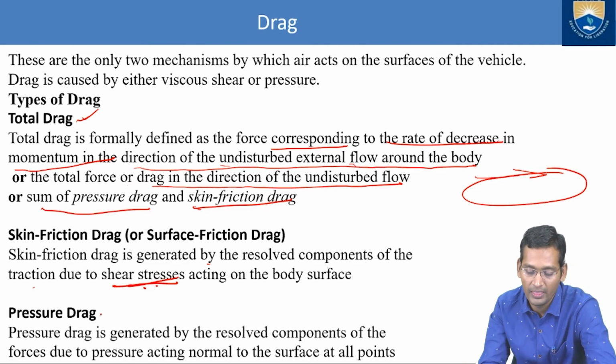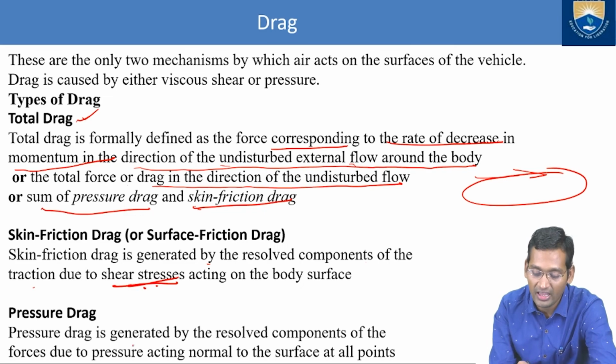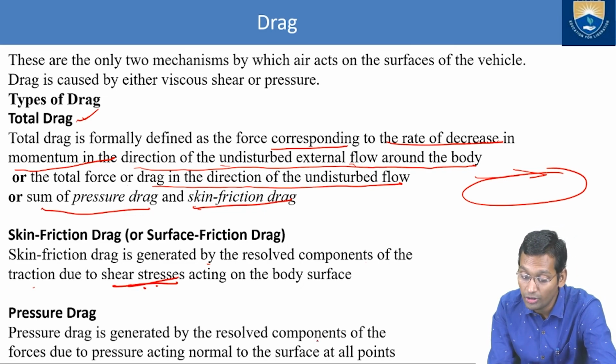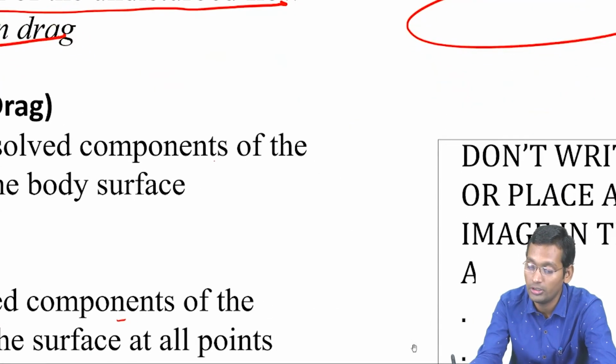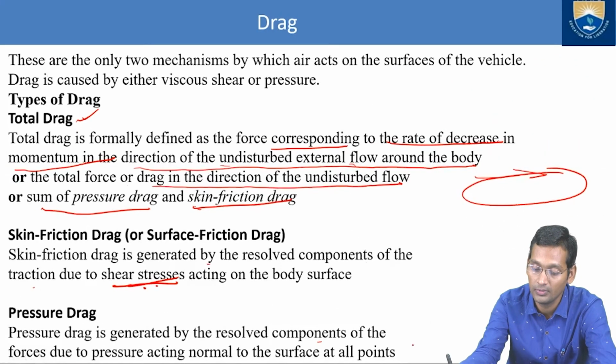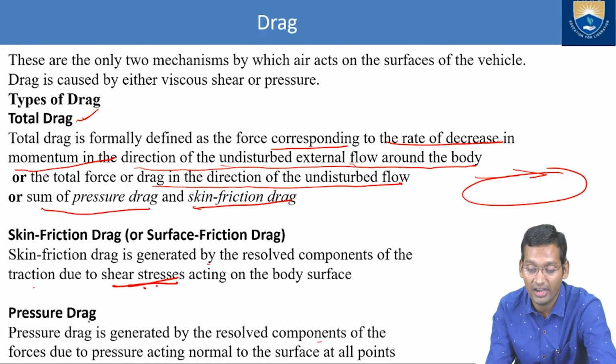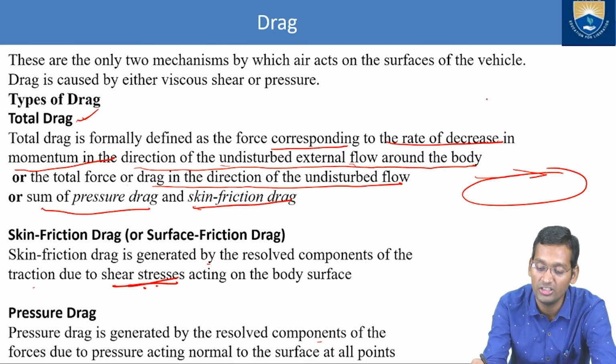Now next is pressure drag. Pressure drag is generated by the resolved component of the force due to pressure acting normal to the surface at all the points. So the pressure drag is the normal one: how much force is acting at all the points.